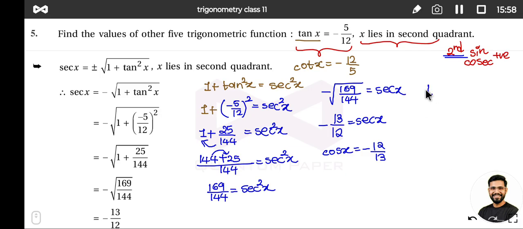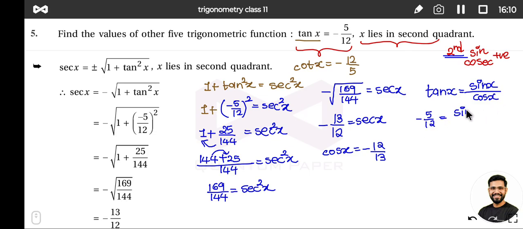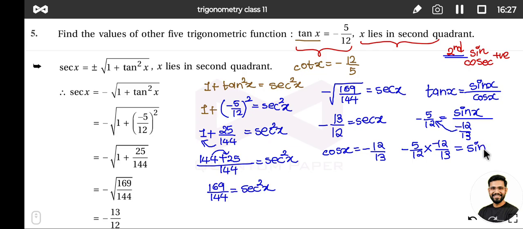So we'll apply the formula of tan. Tan x is equal to sin x divided by cos x. So tan x is given, minus 5 by 12, is equal to sin x, which we have to find out, upon cos x, which is minus 12 upon 13. If we take this minus 12 by 13 across by cross multiplication, we will get minus 5 by 12 multiplied by minus 12 by 13 is equal to sin x.